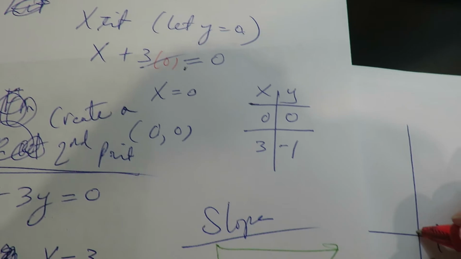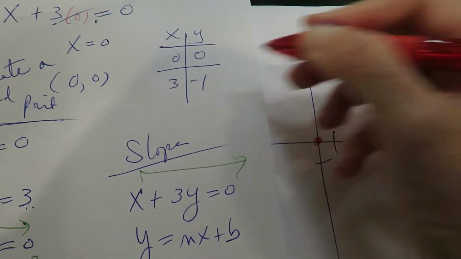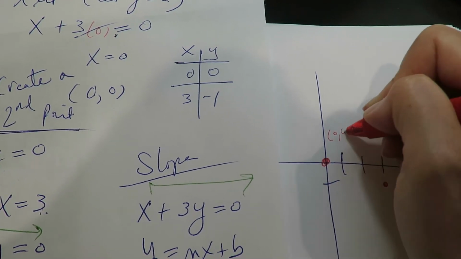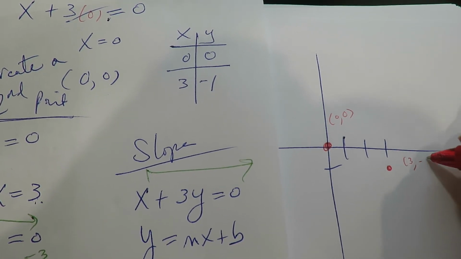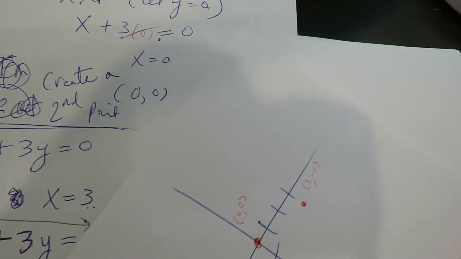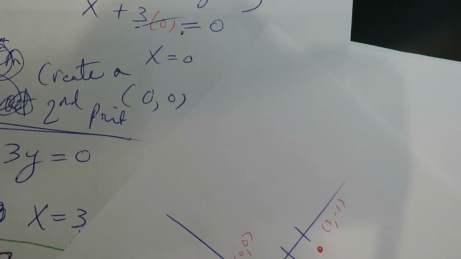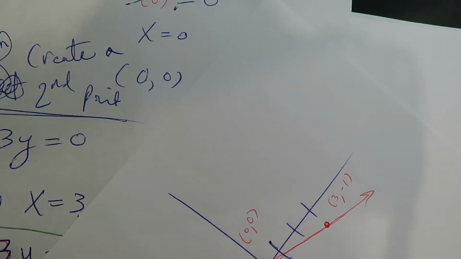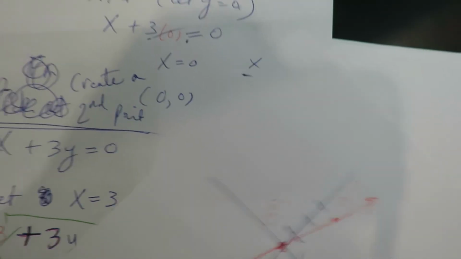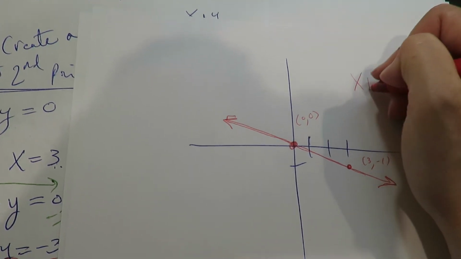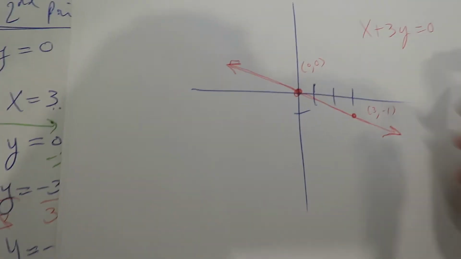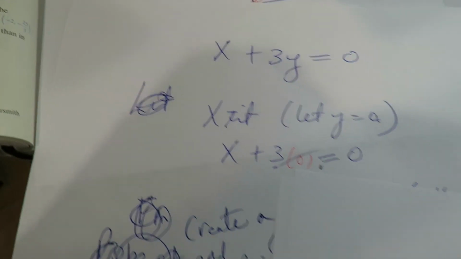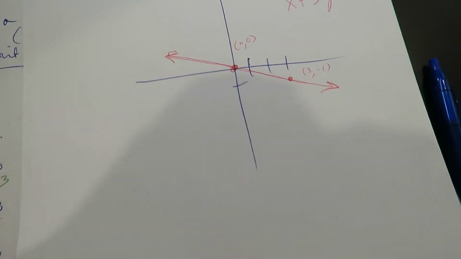I'm putting down the point 0, 0, and I'm putting down the point 3, negative 1. By the way, you can always tell it goes to the origin if there is no constant or the constant is 0. Not that you have to memorize that, but if you wanted to know.